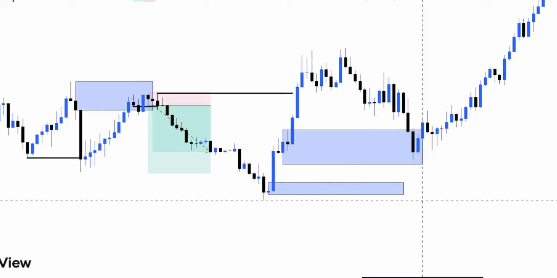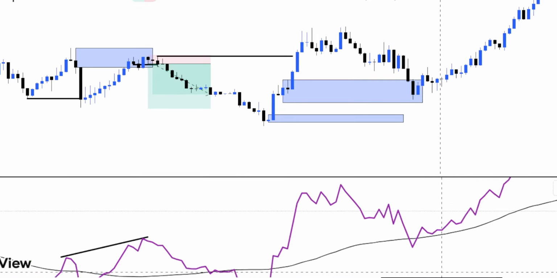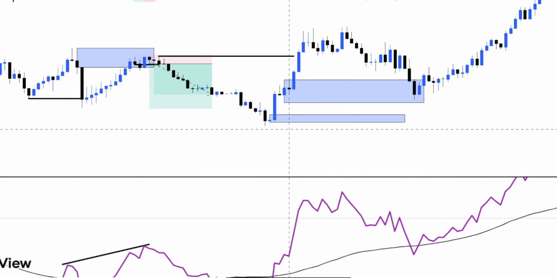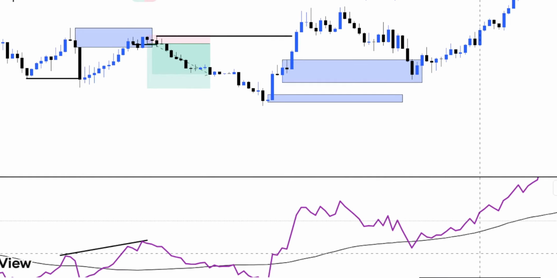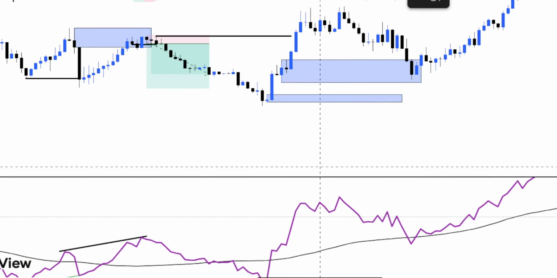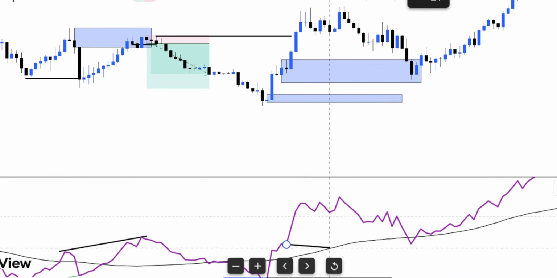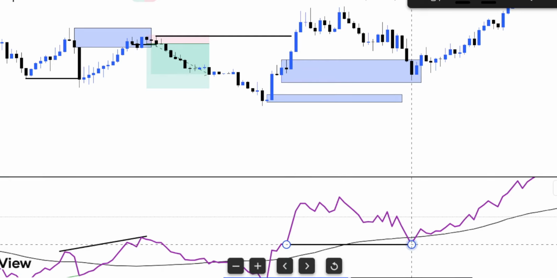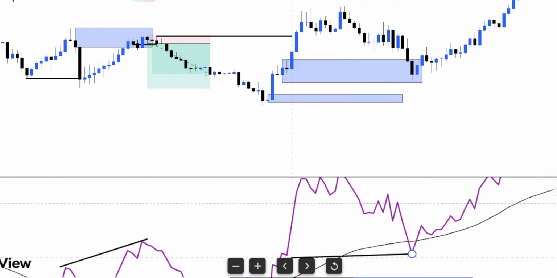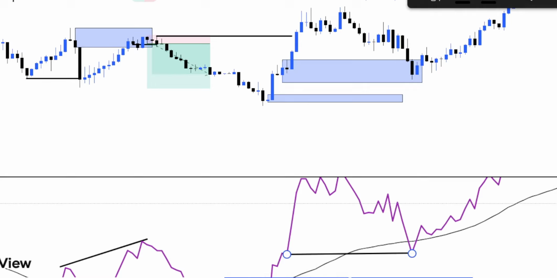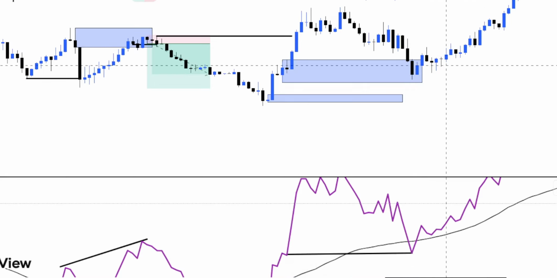Now we need to confirm whether this demand will hold or not. As you can see, this might be a weak demand, but it is still a demand.